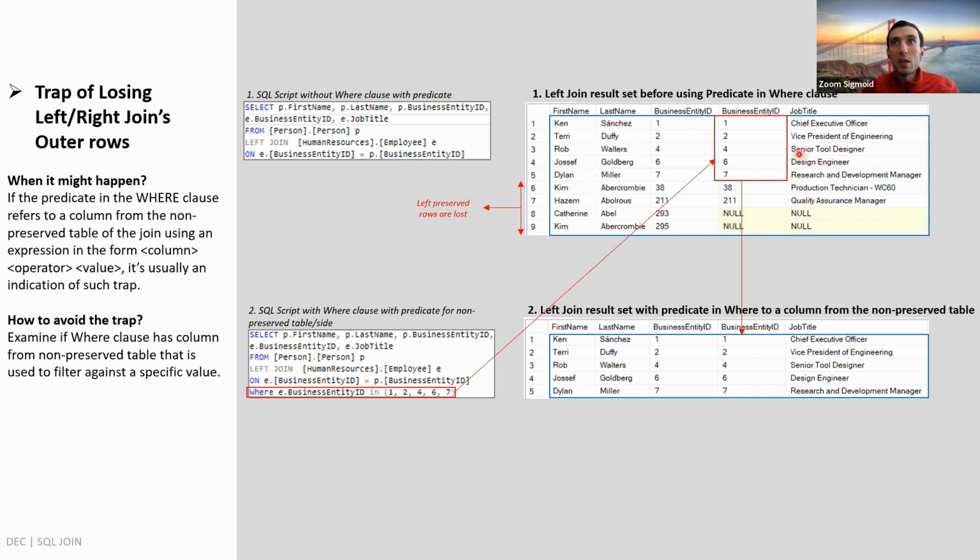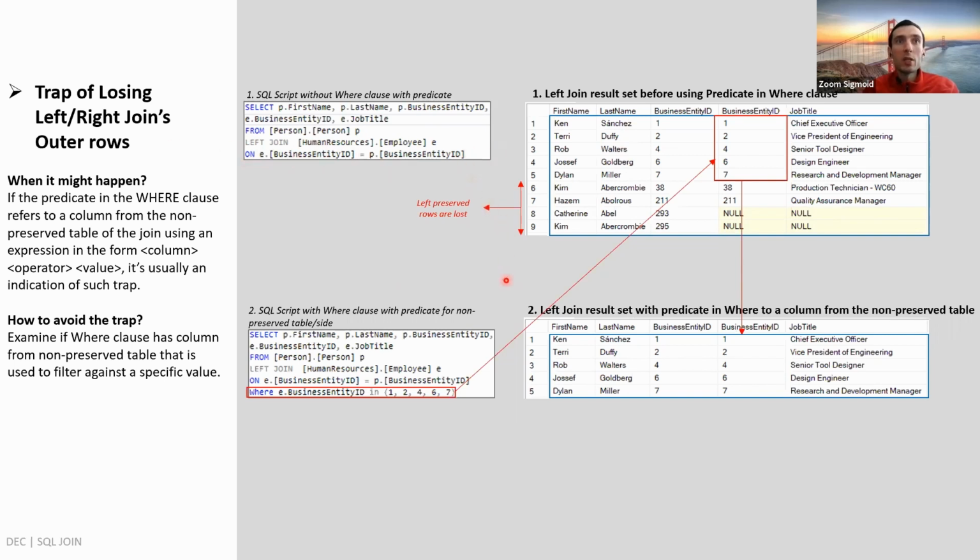And for the right table, the employee table, we take only the records that have a match with the business entity ID from the person table. So we have all the records from the person table, and for some of the records we have nulls here. So as you can see here in left join, we have a condition and nothing else.